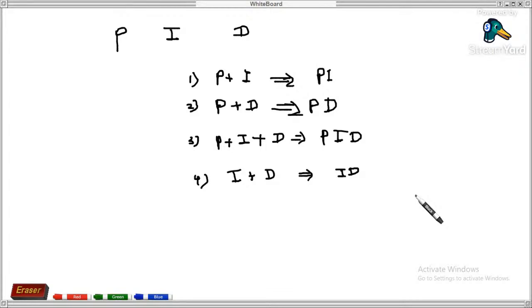Now out of these four combinations, just tell me which one is the wrong combination or which one you cannot use. Anyone?